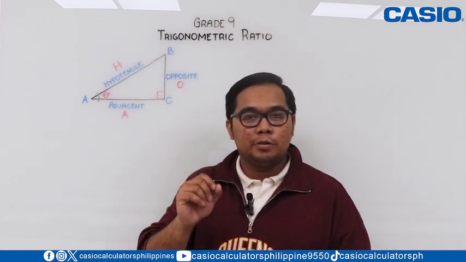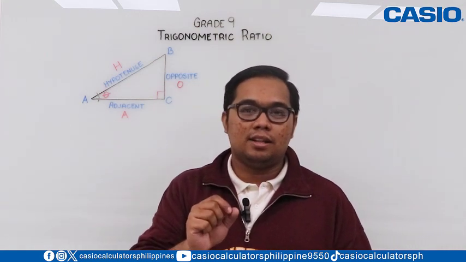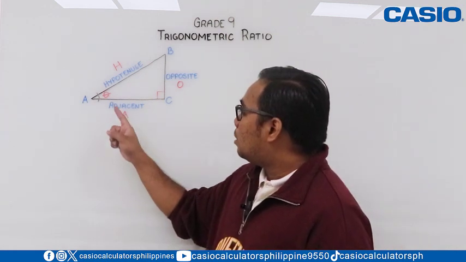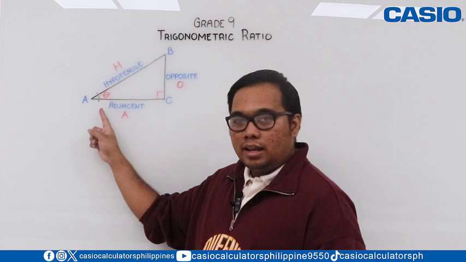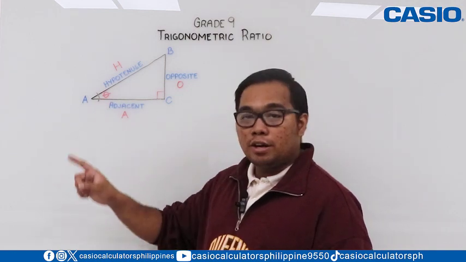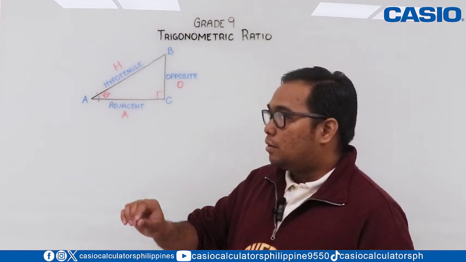Now, to define our trigonometric ratio, we need first to define which angle they will be based on. We will select angle A as our reference angle. Now, from here, we will define each side.